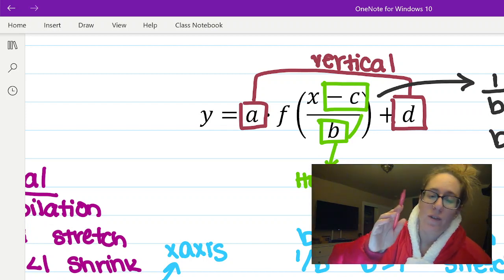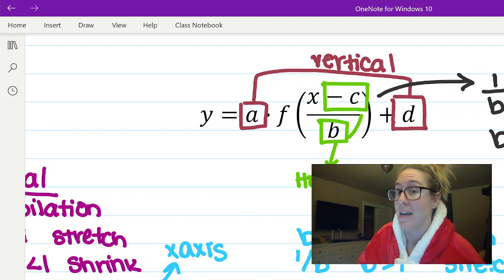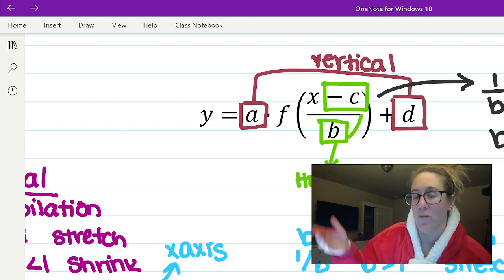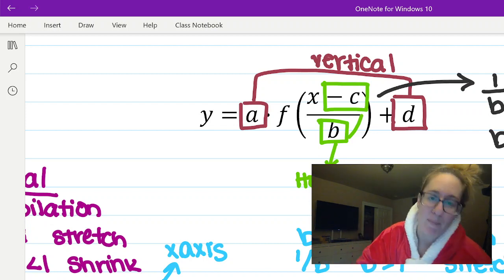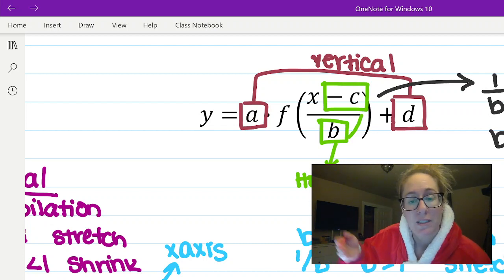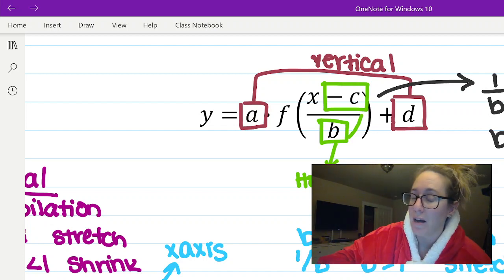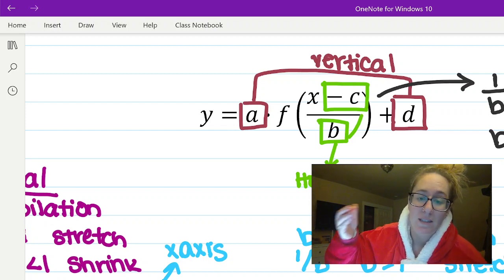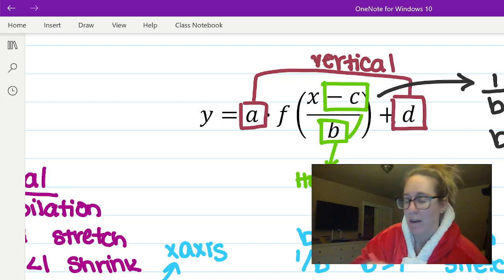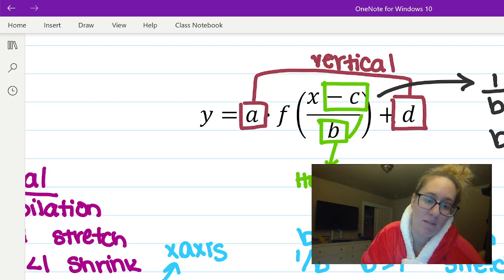So if you get x plus c, since the equation is x minus c to begin with, you had to plug in a negative c value, and a negative times a negative makes a positive, and that's why a plus c moves us left. Whereas a minus c means the c value is positive, so it just stayed x minus c, and since it's a positive c value, you're moving to the right. But it shows up looking like a minus c, which looks like a negative.